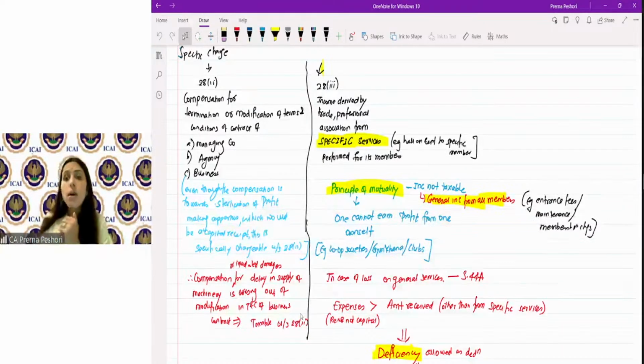Similarly, the maintenance amount which the housing societies collect is to be used for all the services provided to the members living in that society, for example gardening, security, lift and other amenities.